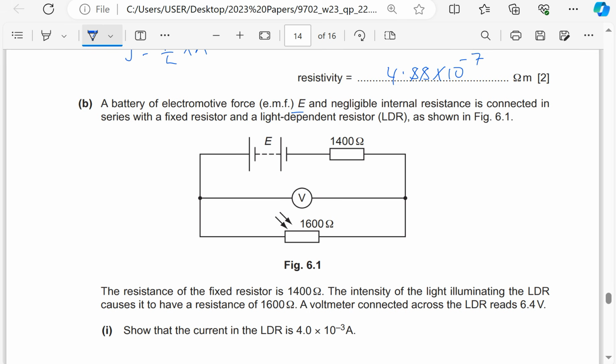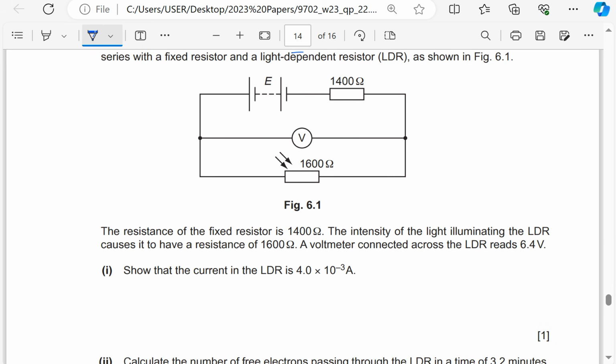A battery of EMF E and negligible internal resistance is connected in series with a fixed resistor and a light-dependent resistor as shown. The resistance of the fixed resistor is 1400 ohms. The intensity of the light illuminating the LDR causes it to have a resistance of 1600. A voltmeter connected across the LDR reads 6.4 volts.